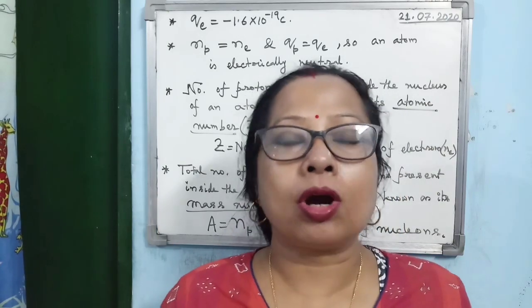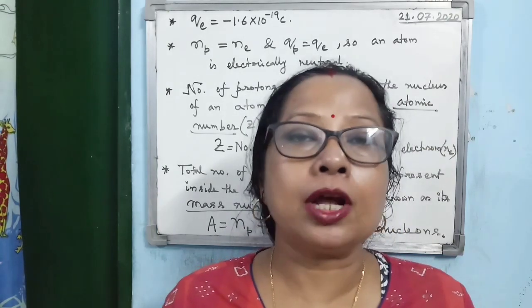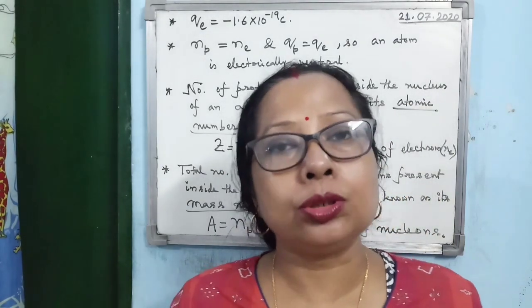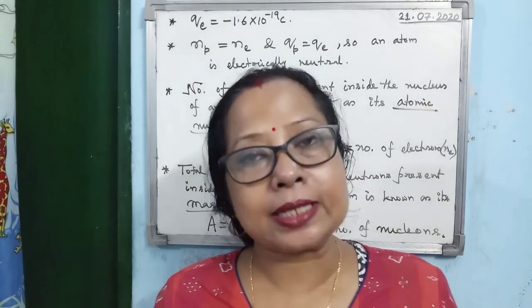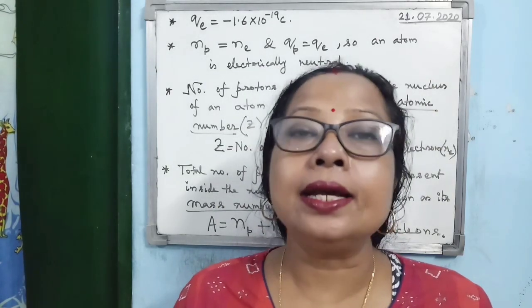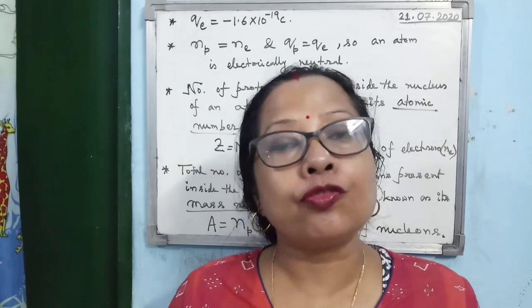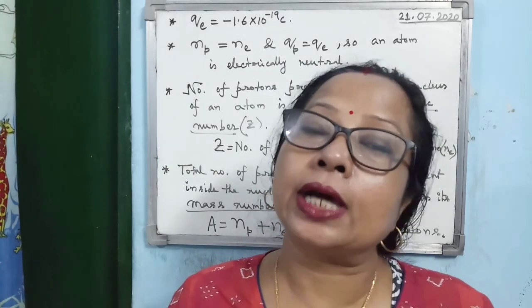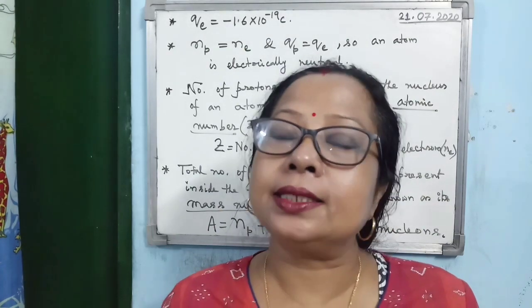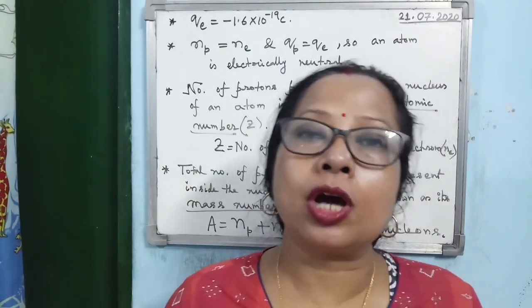So you see what is happening inside the atom: the number of protons present inside the nucleus is always equal to the number of electrons present in the orbits outside the nucleus. And not only that, the charge of one proton is equal to the charge of one electron, and you know that one positive charge can cancel the same amount of negative charge.